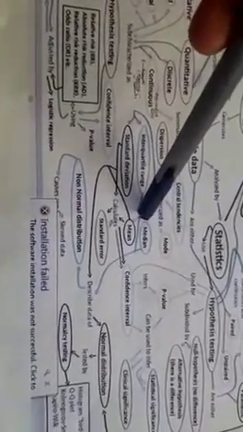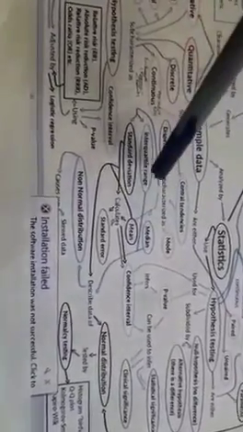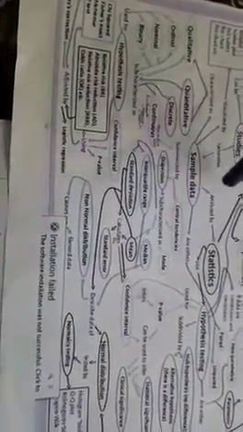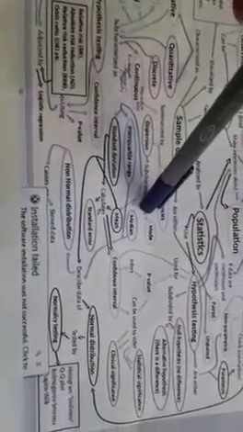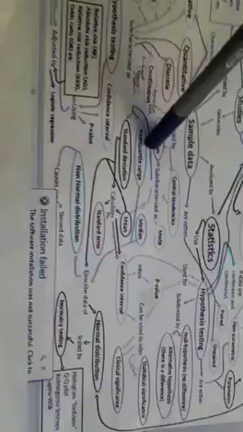And median is the middle number. We have some values, we order them, and then take the middle value from them. And mode is the most occurring value in this sequence.